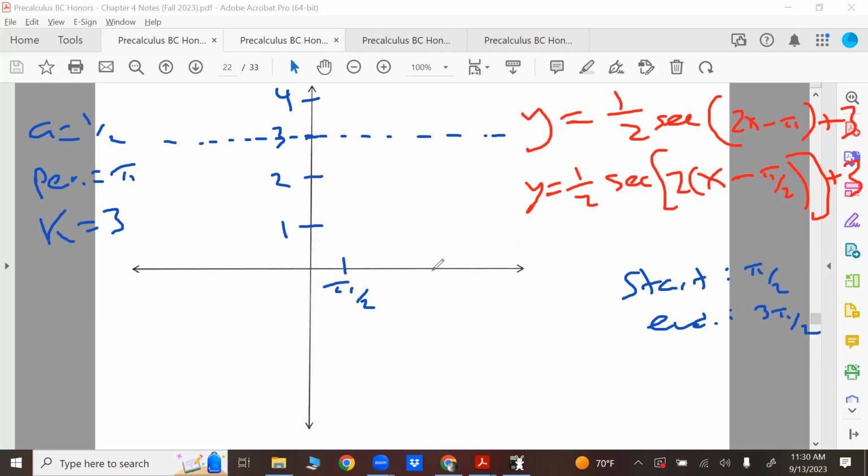So halfway between is pi. And if you do a cosine graph, it's going to start at its peak, which is 1/2 above 3. And then you get down, and we have 2 more partitions.